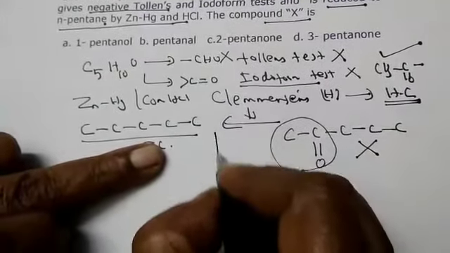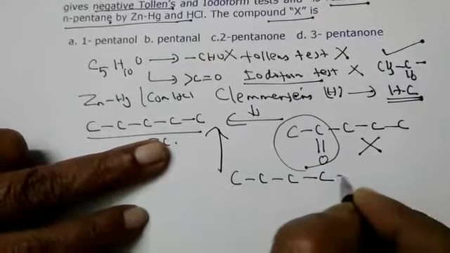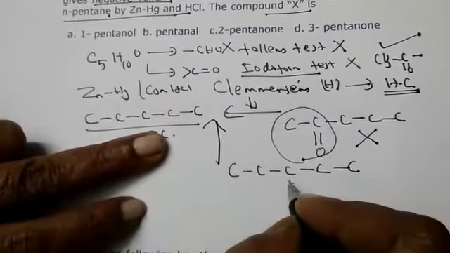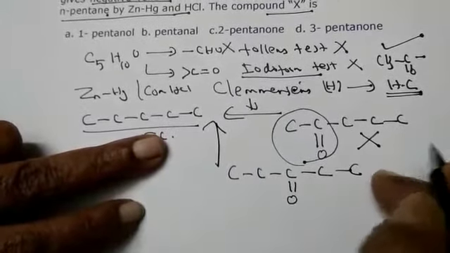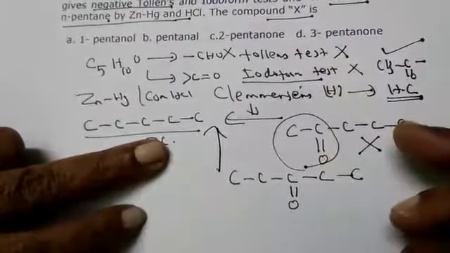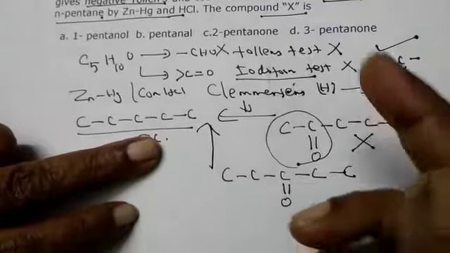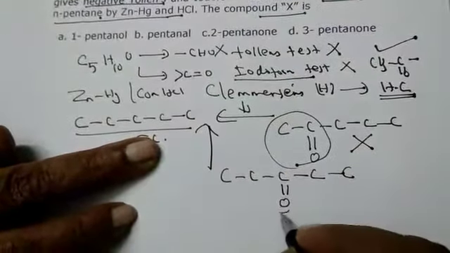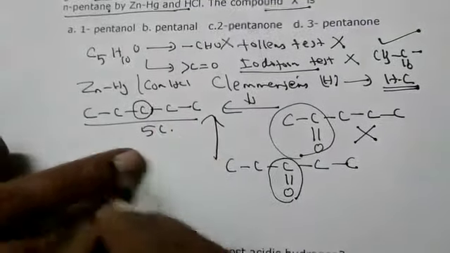So I am taking another format with carbon 5, you write like this, and then I am bringing the keto group here. This is not answering Tollens because it is a ketone, not answering iodoform because it is not a methyl ketone, and then it is reduced with Clemmensen, so in this place you will have a CH2.